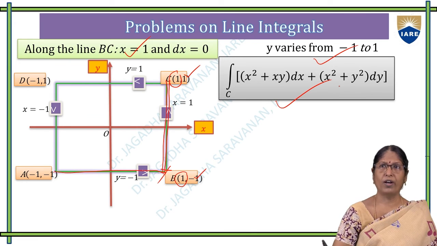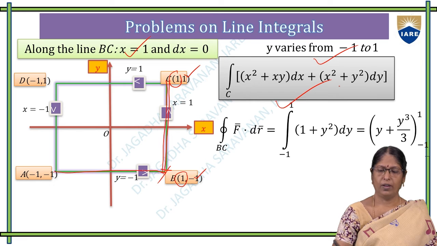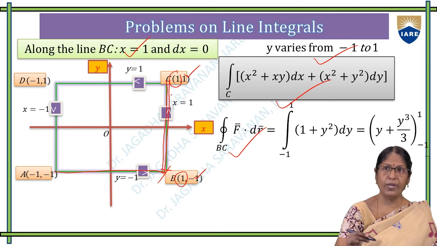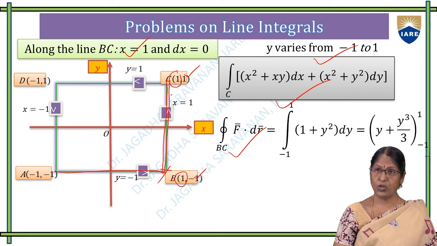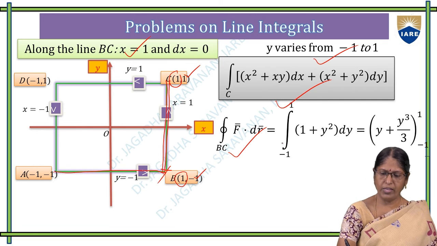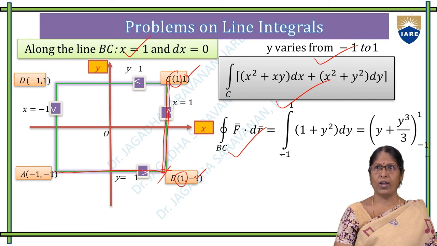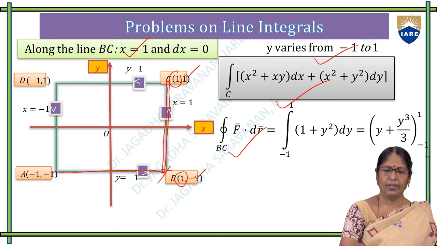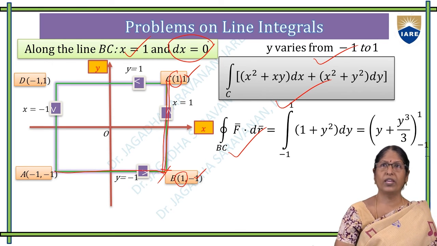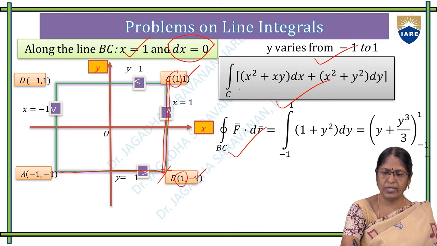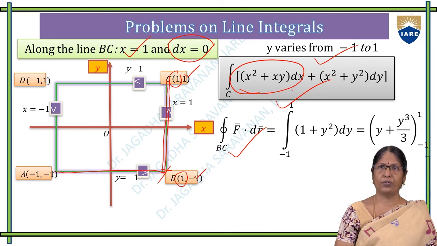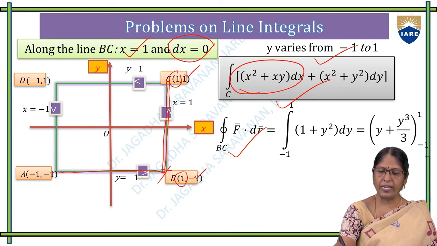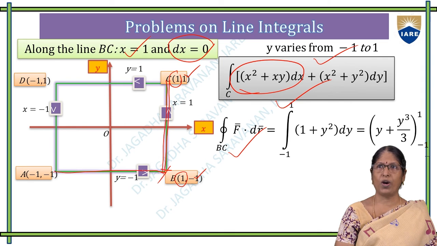So this is our function, and along BC we evaluate the integral of f dot dr from minus 1 to 1. We substitute dx equal to 0, so that term completely vanishes, and in the place of x we substitute 1.